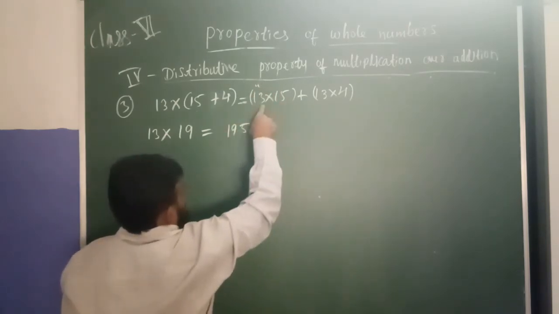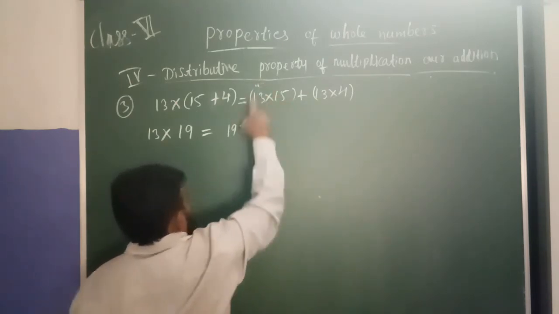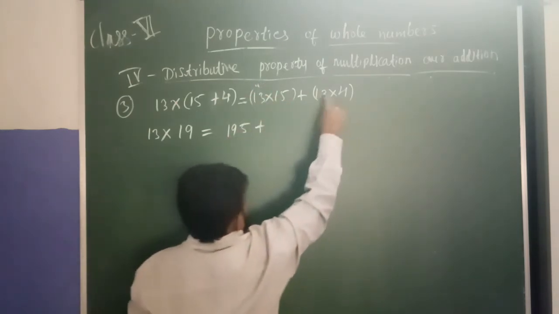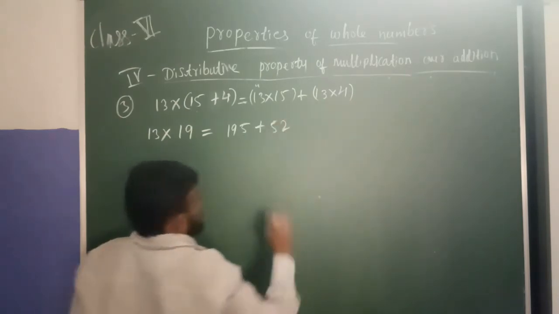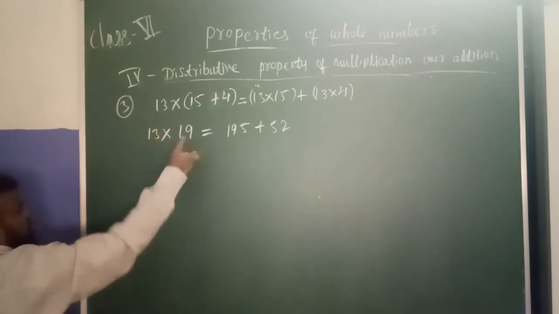Plus 13 4s are 52. After that, 13 into 19. 13 9s are 117.